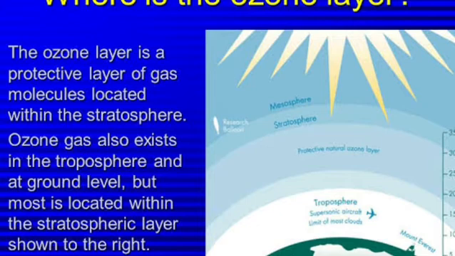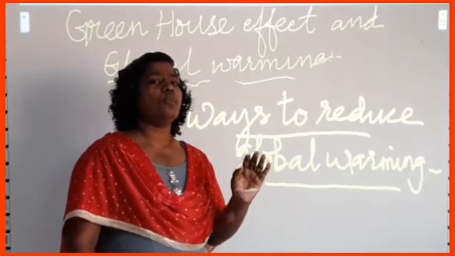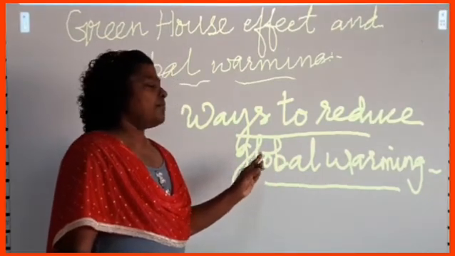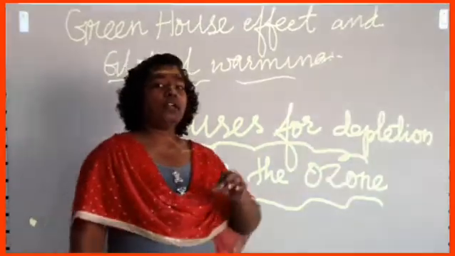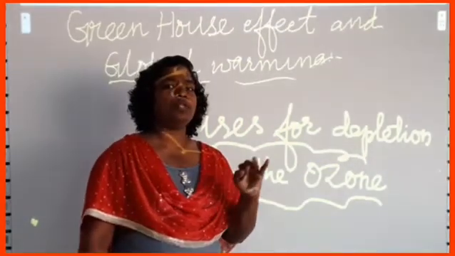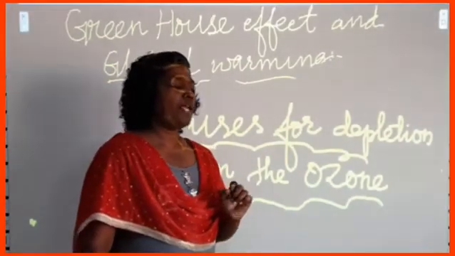Now we will see what the ozone layer in the stratosphere is, what the uses of the stratosphere are, and how ultraviolet rays are controlled or prevented in the layer of the stratosphere. There are 5 layers in the atmosphere: troposphere, stratosphere, mesosphere, thermosphere and exosphere.